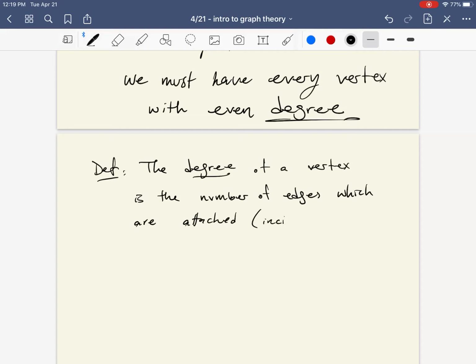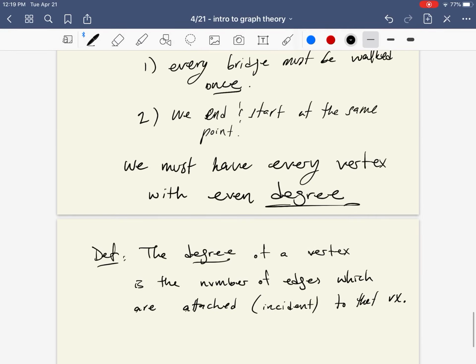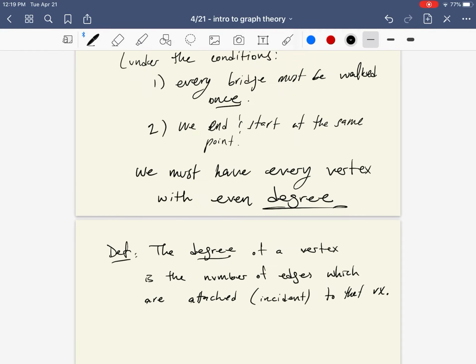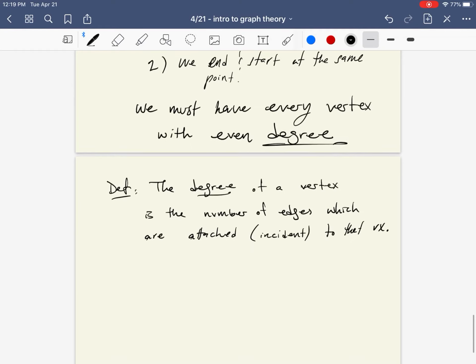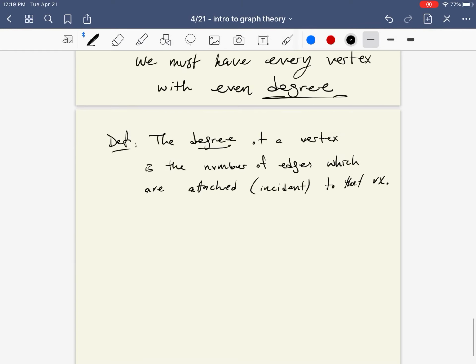As we say, incident is what we say in graph theory terms to that vertex. Okay? So the degree of a vertex is the number of edges which are attached to it. So in that sense, the degree here is the number of bridges coming out of a landmass.